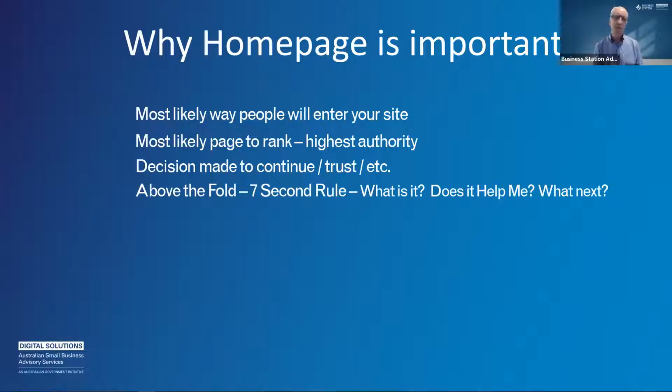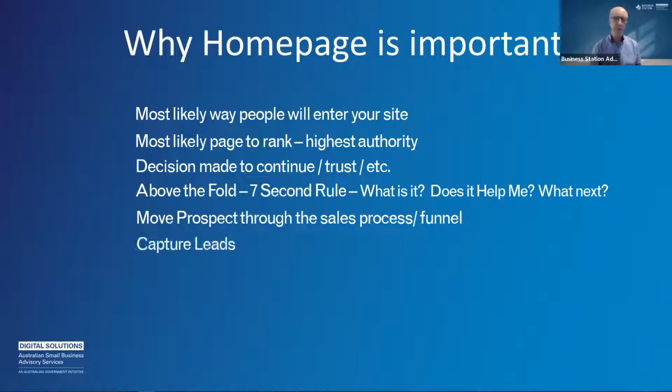And that's where you need to have that impactful message about what you do, how it helps them, and what they need to do next. It's also the page where you move them through your sales process or sales funnel. For example, you capture leads, you capture their email address, and you continue marketing to them from there, or you direct them to your product pages, your category pages, etc.